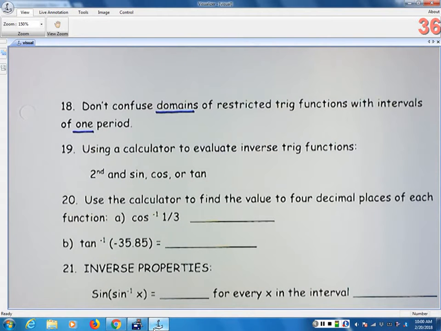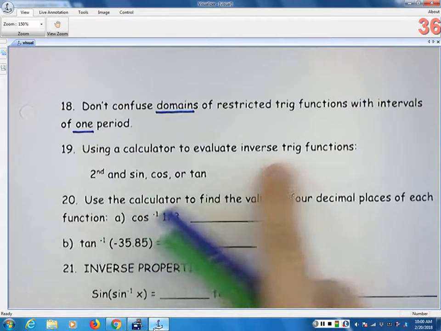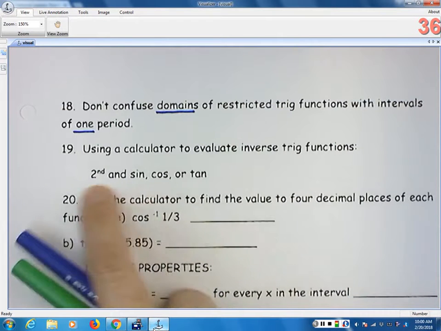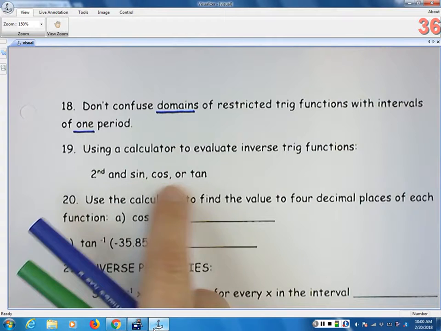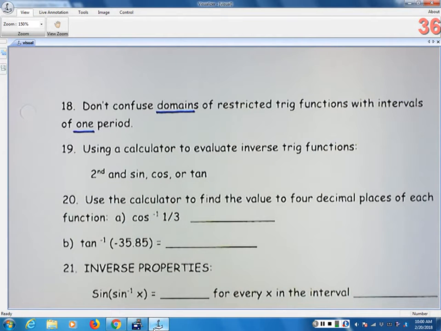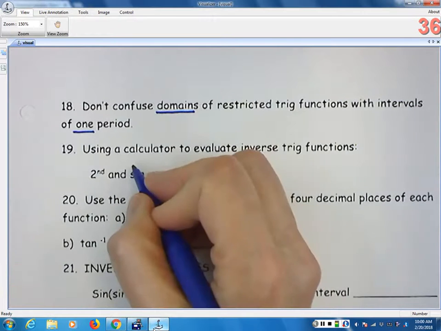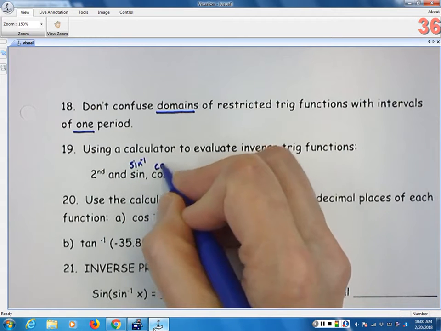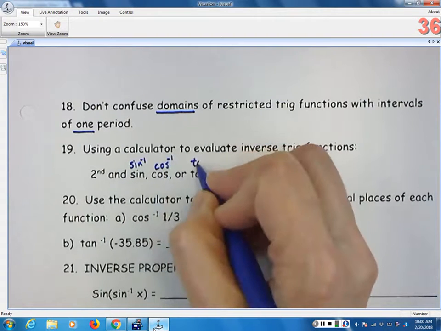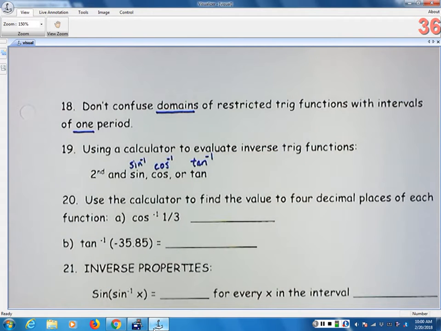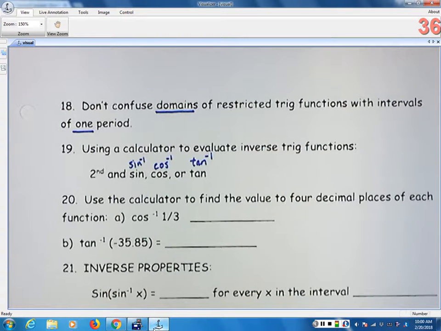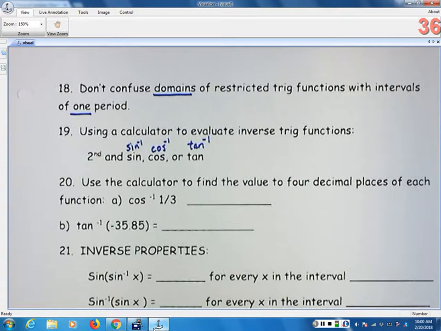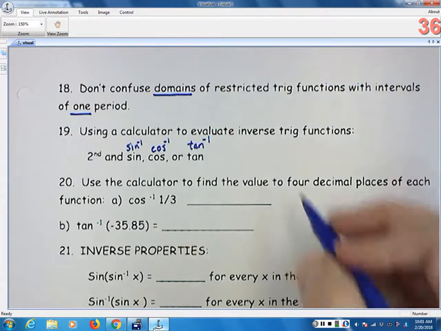So now we're going to use a calculator to evaluate inverse trig functions. It's second sine or second cosine or second tangent. It says above there what you get. Now, we are finding it in radians.